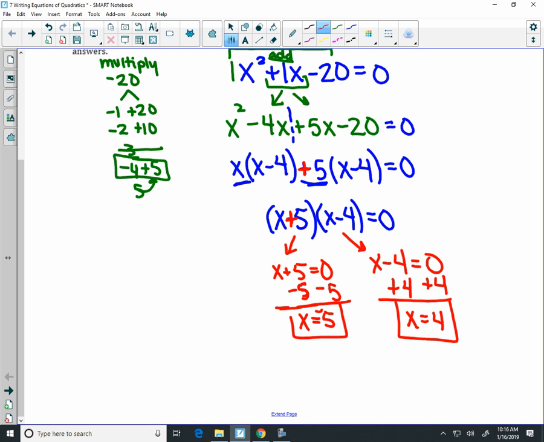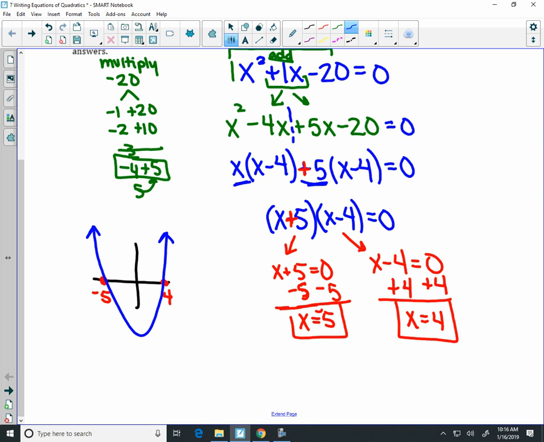So now, without even graphing this, here's what I know. I know that this graph crosses the x-axis at negative 5 and at positive 4. So my curve, my parabola, looks something like this.